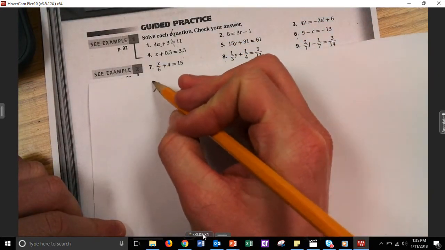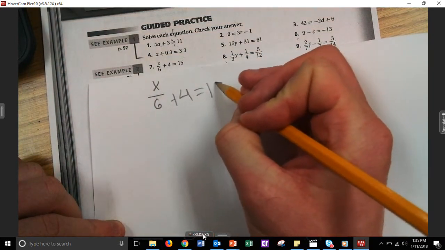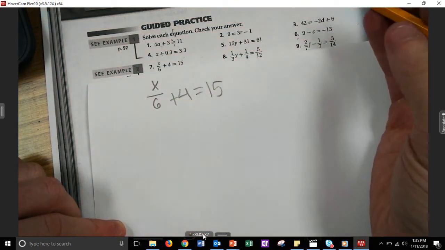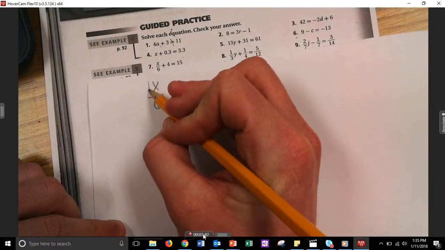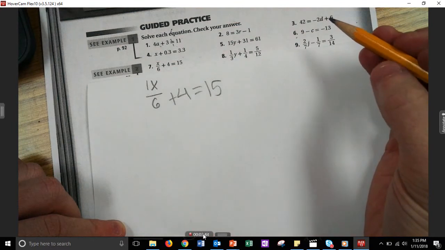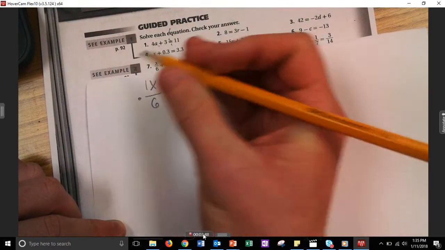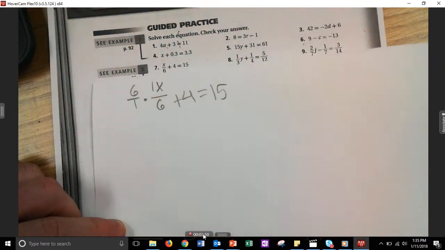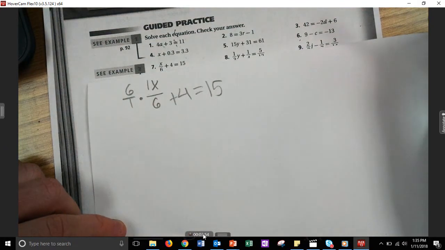Let me rewrite the equation down here really quick: x over 6 plus 4 equals 15. So we do the inverse of whatever this 1 over 6 is, and that would be 6 over 1. So we multiply 6 over 1. We are multiplying because this is a fraction, and the operation of a fraction is division.